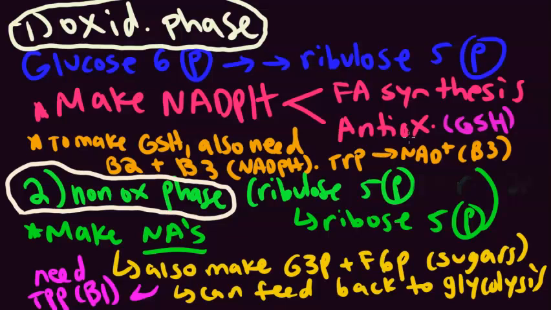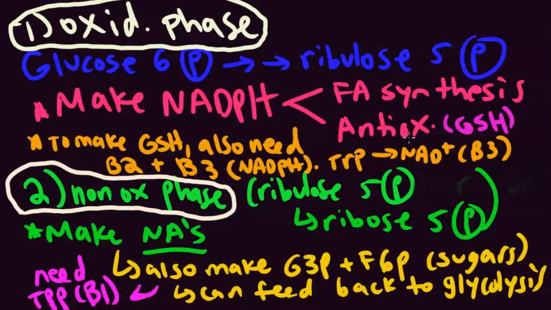So this GSH, right, is the reduced form of glutathione when the cysteine has this thiol or thioester bond. And the reduced form acts as an antioxidant to scavenge the free radical when it's converted back to the oxidized form with the disulfide bridge between the cysteine residue of neighboring glutathione molecules.